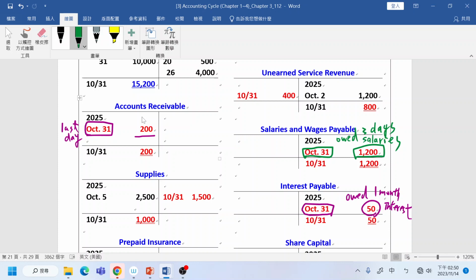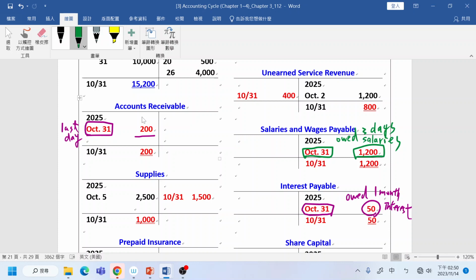It's easier than the second group. So right now we have to go to the second group. Make sure you understand what we are doing for the first group. First group, something happened. We just record it now on the last day. Okay?